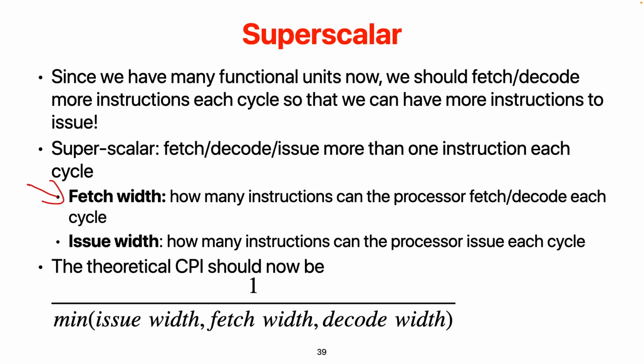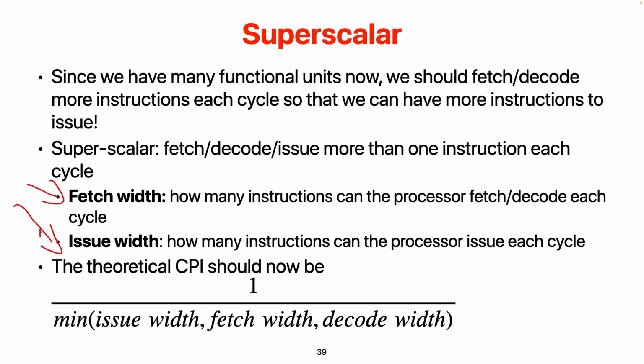The ability of putting more instructions into execution is called issue width, which means the availability of your hardware in executing instructions. For example, if issue width is equal to 2, my processor can concurrently put 2 instructions into execution.